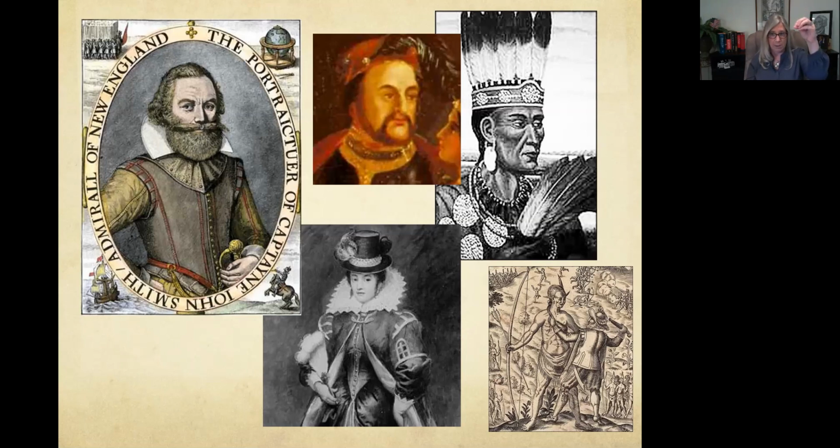He is the chief who's over like 30 different other tribes of the region. He's about 60 years old, as best we can estimate, which for that time period, to live to be 60 years old was incredible. He was revered by all of the tribes. He was very, very much in power and in control of this coastal area of Virginia.